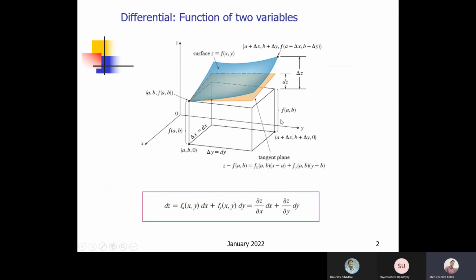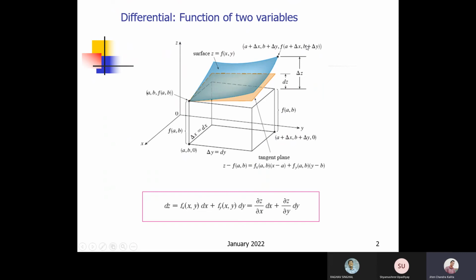Now this is the value of the function, this height from here to here. This height is going to be the value of the function at the point (a plus delta x, b plus delta y). So basically, in xyz space, this is the point.